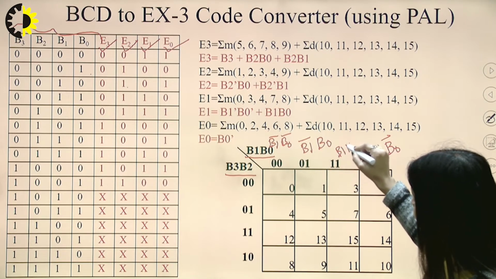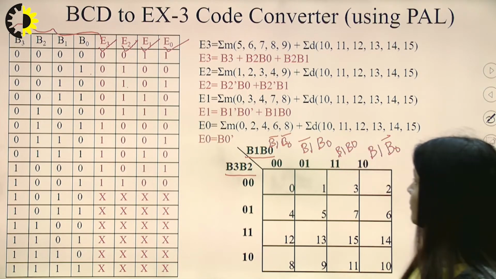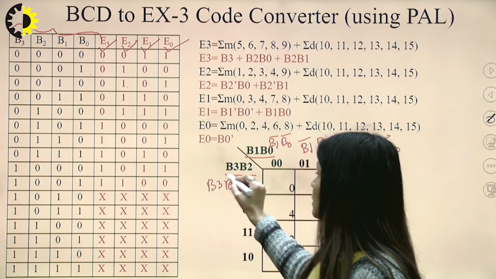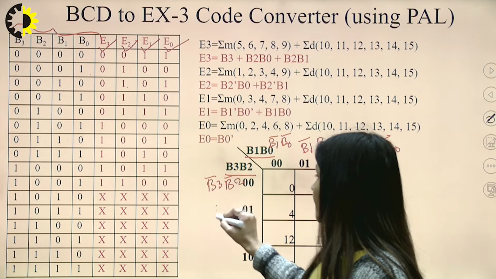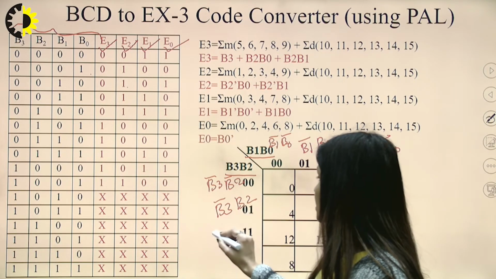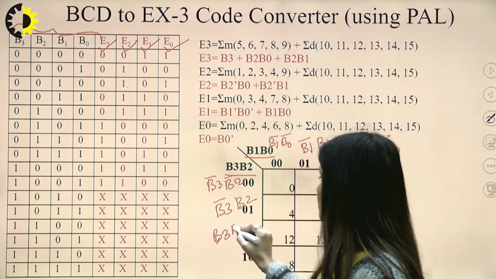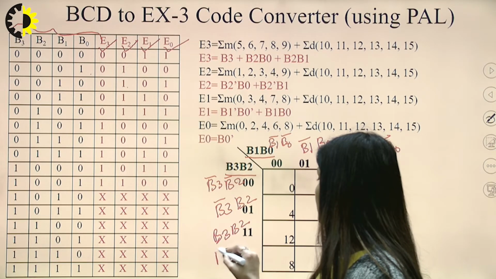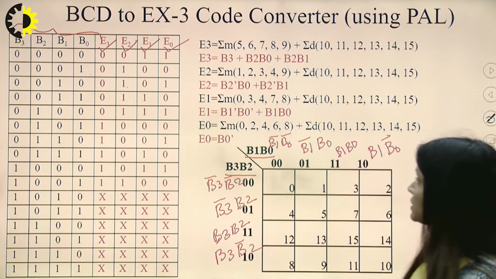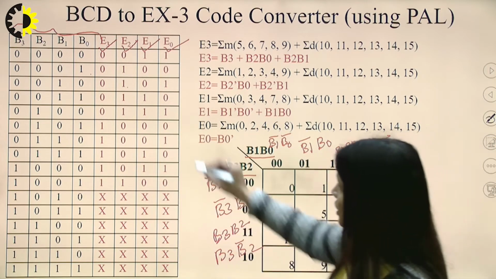Similarly, we write here also B3 bar B2 bar, B3 bar B2, B3 B2, and B3 B2 bar. Let us make the table for E0.